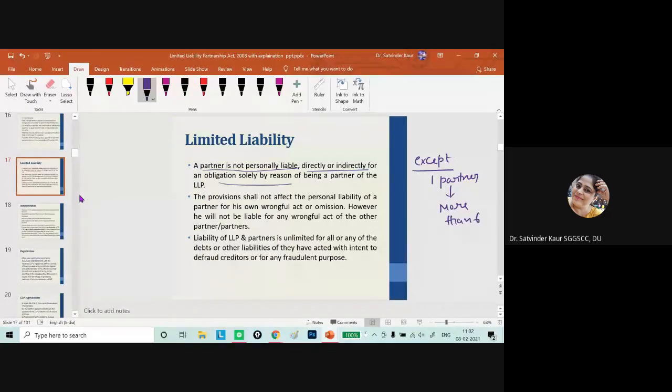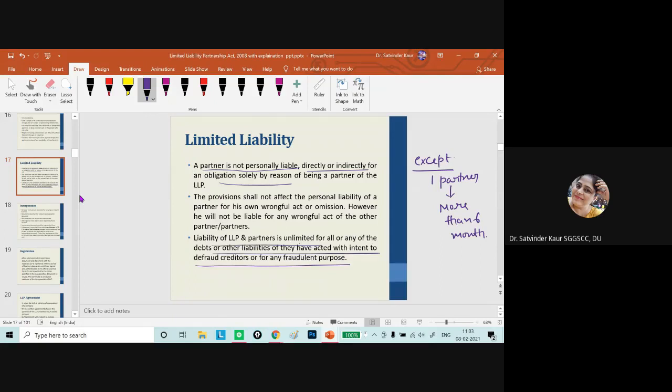Other than that, there is no personal liability, so there is limited liability only. And liability of the LLP and partner is unlimited for all or any of the debts or other liabilities if they have acted with the intent to defraud the creditor.